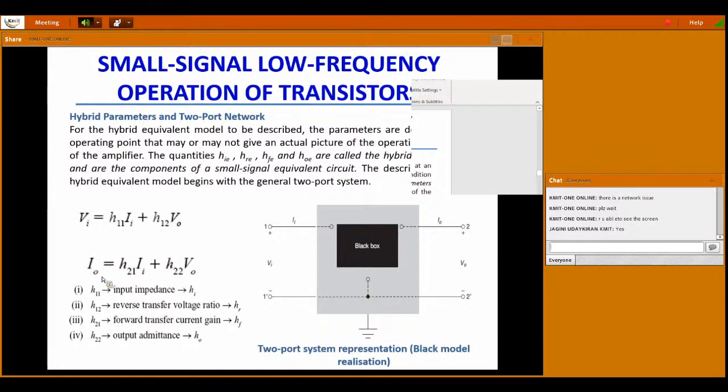And these are the parameters. H11 is the input parameter, determined from input to output. Next, H21 is the parameter which is determined from output to input, and H22 is the parameter which is calculated at the output loop only.